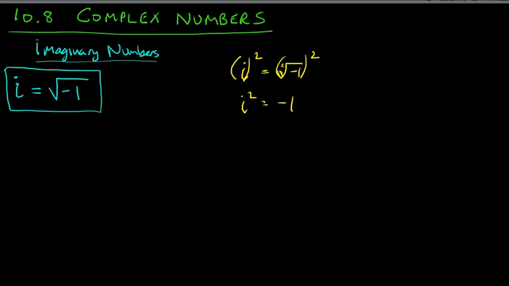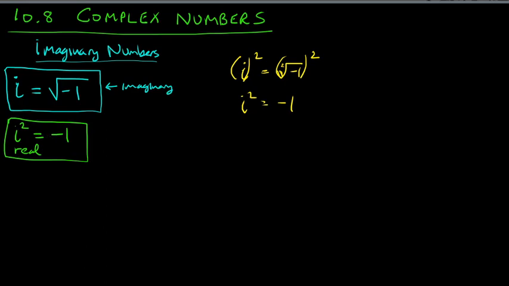So even though i is an imaginary number, when you square it, you get -1, and -1 is not an imaginary number. -1 is a real number. Even though i itself is imaginary, i squared is real. i squared is just -1.